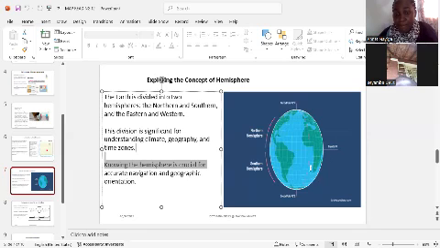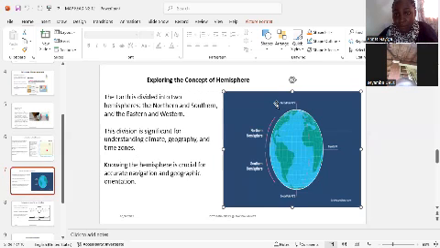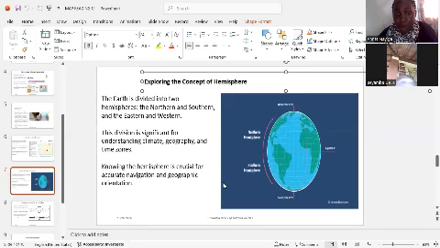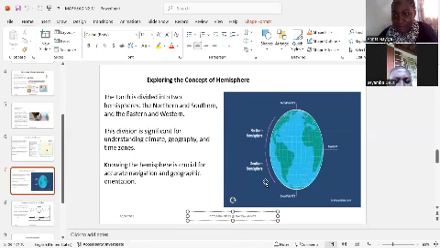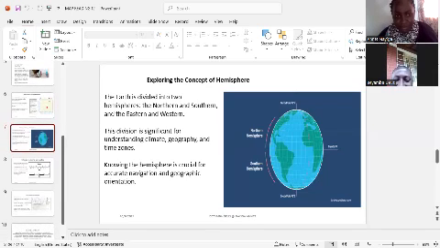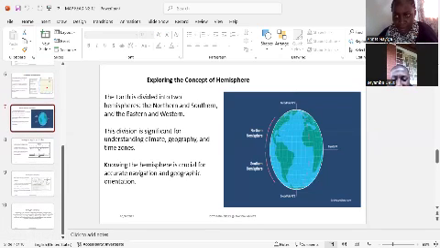How is hemisphere related to prime meridian? What is prime meridian? Before we go to that, what do you understand by prime meridian?